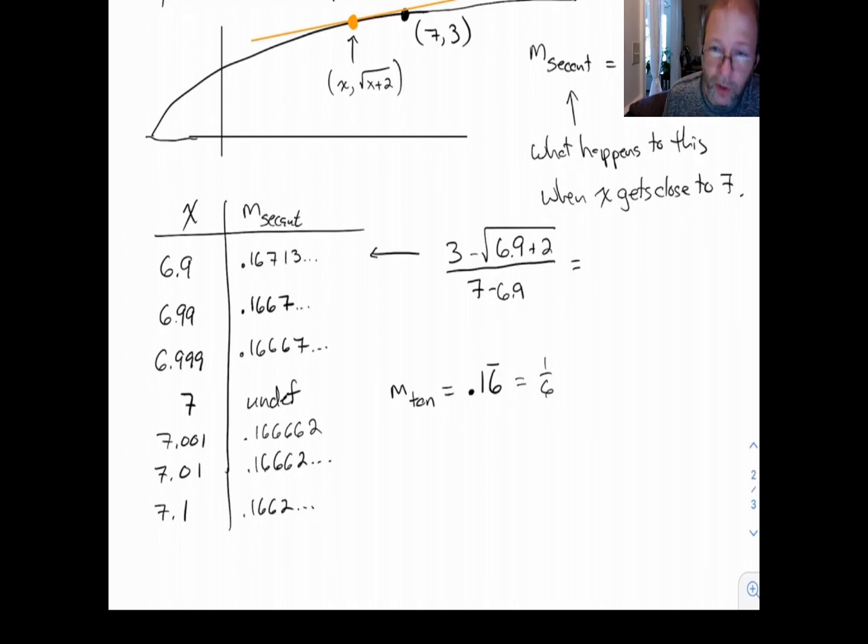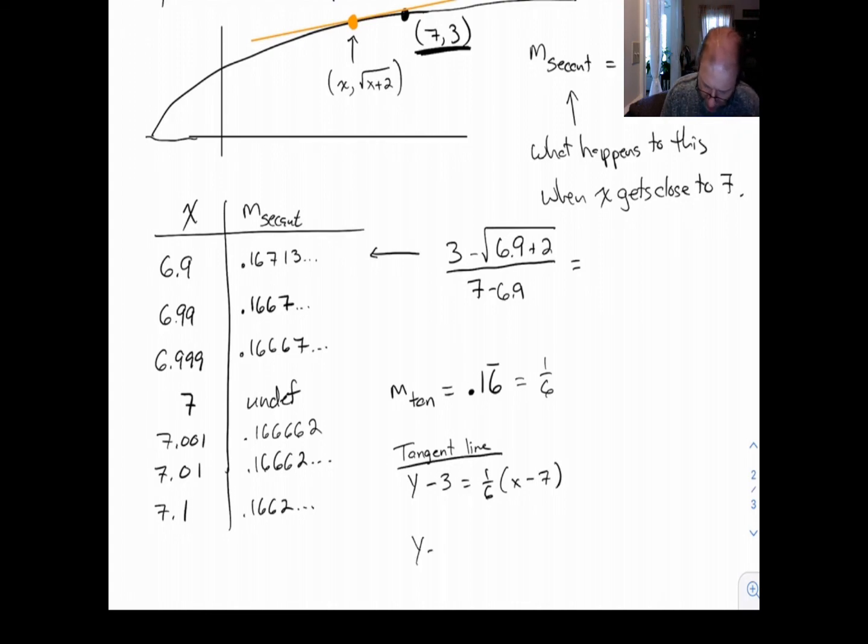So the slope of our tangent is 1/6, and we know that this is a point on the tangent. So the tangent line is y minus 3 equals 1/6 times x minus 7.